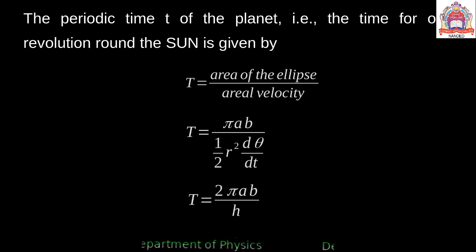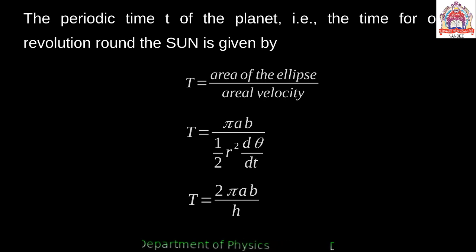Consequently, an acceleration is acting on the planet in the direction of the force, resolved into its two components, along and perpendicular to the radius vector.